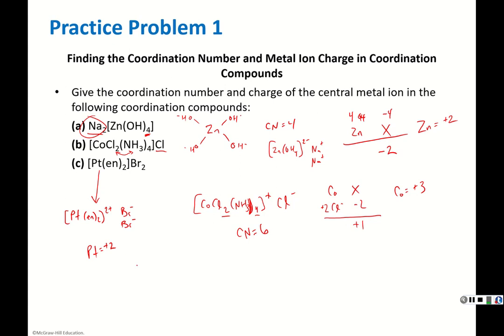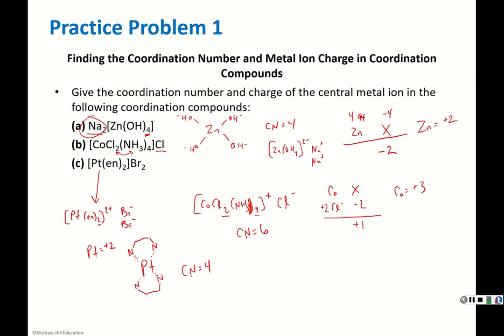The coordination number of it, now this one's a little tricky. You might see this 2 and think the coordination number is 2, but remember, en is bidentate, so it looks something like this. Each en has 2 connection points, so our total coordination number is 4 for this.